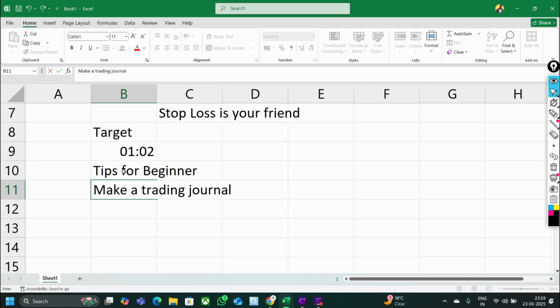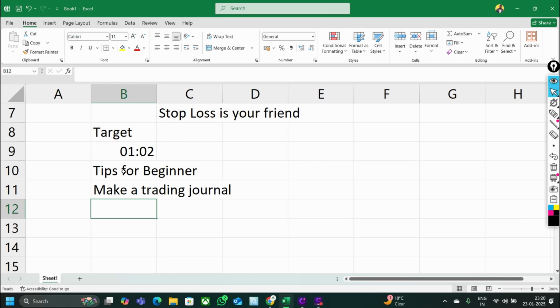A journal means when you buy, when you sell, stop loss, exit, everything you should note down in your Excel. You make a report on why you exited, why your stop loss got hit, and what mistakes you made. Everything you maintain in your journal, so that you can learn from your mistakes also.